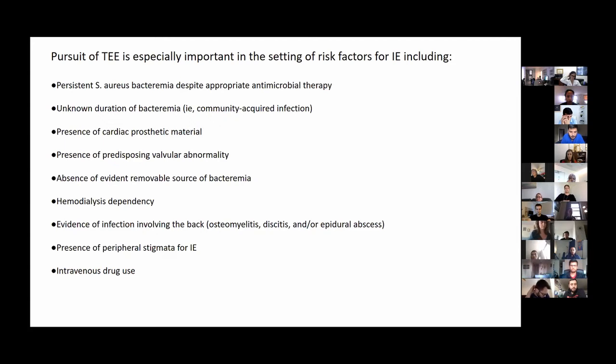And we should not forget the IVDU patient, because although we associate it with right-sided endocarditis and the TTE sees that very, very well, about 20% of IVDUs have concomitant left-sided endocarditis. So don't forget that.